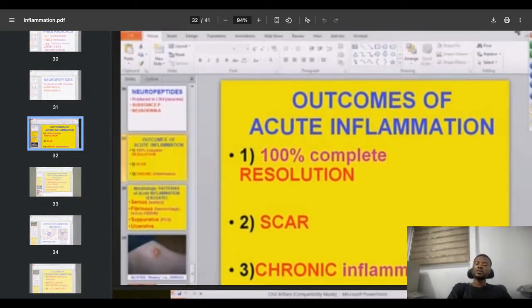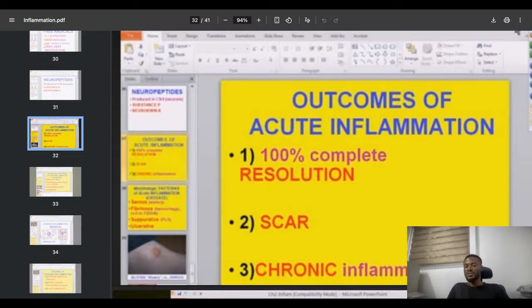So when there is acute inflammation, what are the outcomes of acute inflammation? What are the possible pathways that acute inflammation can result in? Most acute inflammations go into 100% complete resolution when there are no serious genetic diseases that are going to interfere with the production of these chemical mediators and of our neutrophils, and nothing is going to interfere with vasoconstriction and vasodilation.